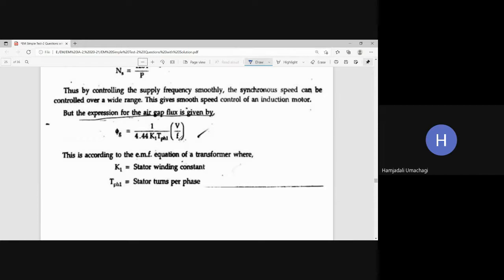We should have variable voltage along with variable frequency, so that the air gap flux will not change and will remain constant.